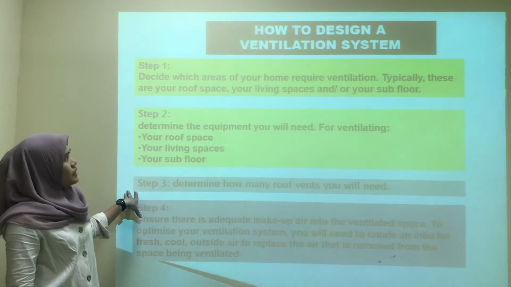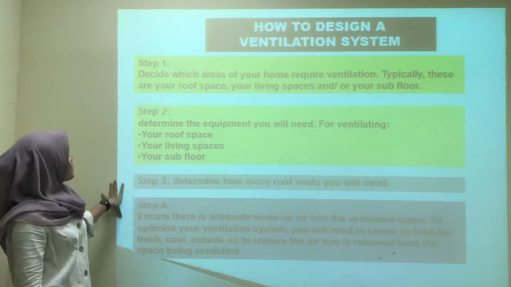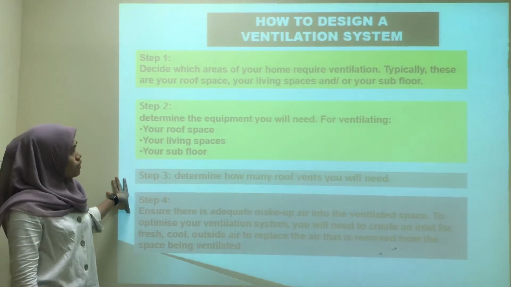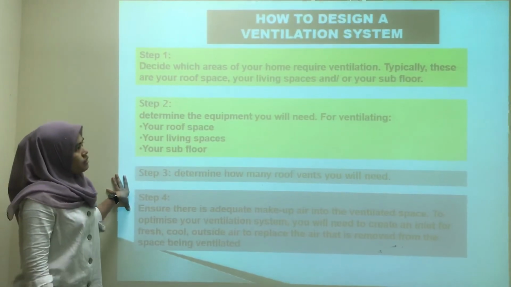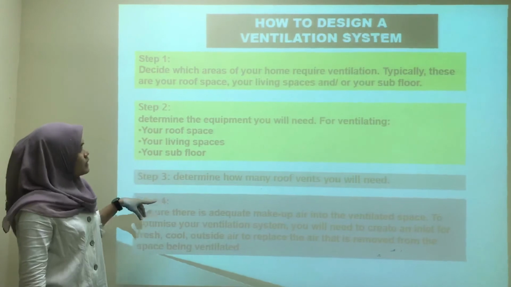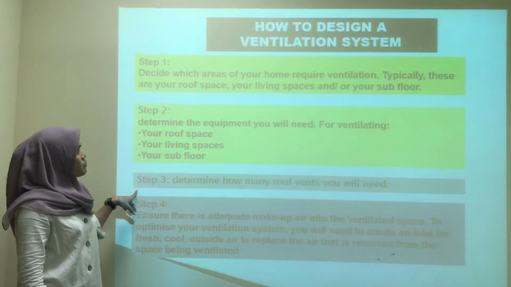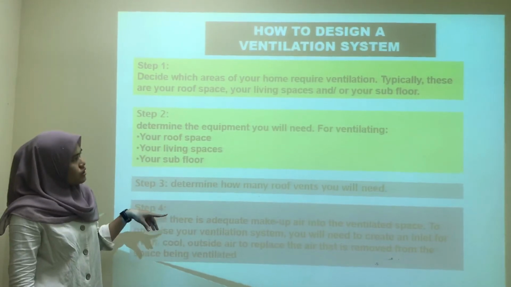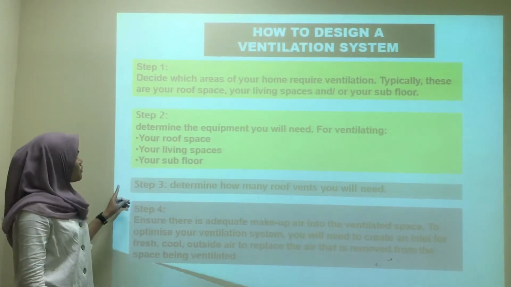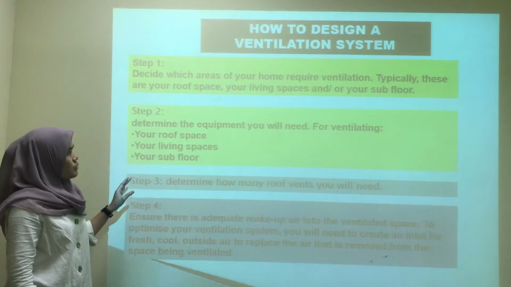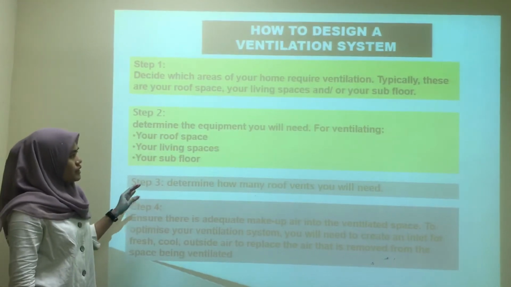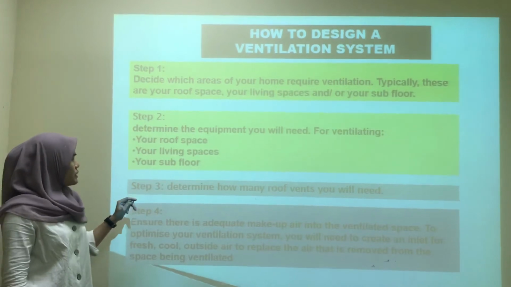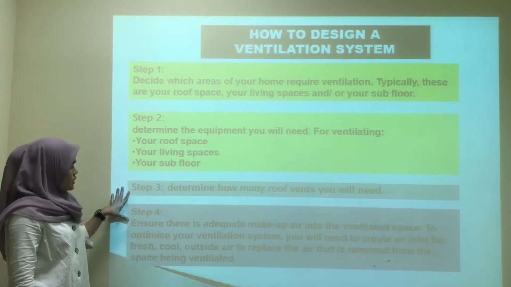How to design a ventilation system? Step 1. Decide which areas of your home require ventilation. Typically, these are your roof space, your living space, and or your subfloor. Step 2. Determine the equipment you will need for ventilating your roof space, your living space, your subfloor. Step 3.